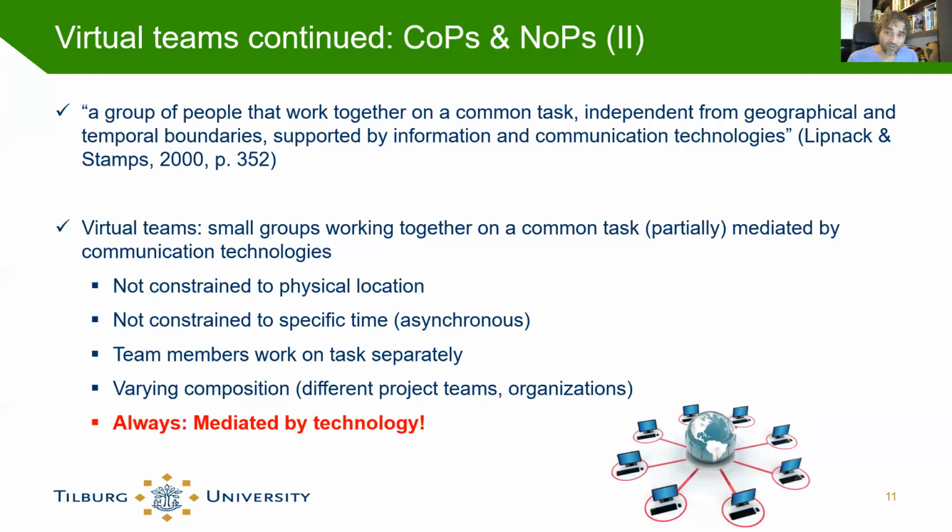So a community of practice are people who work on the same task, partly or all the way as a virtual team. So they're not constrained by a physical location, they're not constrained by a physical time, they work on a task separately, they may have different compositions, but they're always mediated by technology, and they work on the same task.